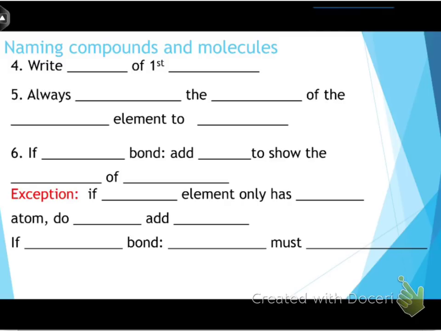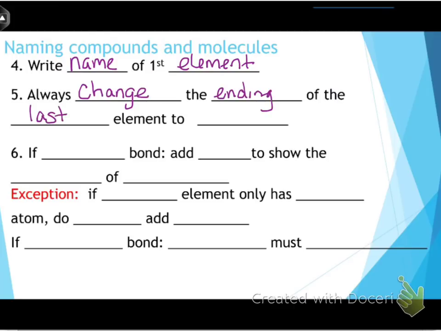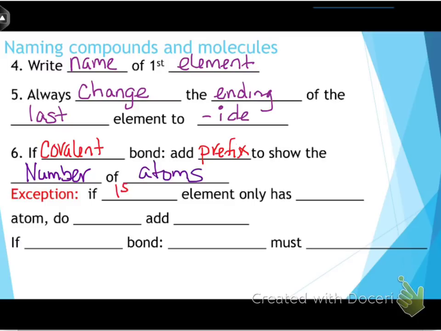So then you have to write the name of the first element. Always change the ending of the last element to IDE. If it's a covalent bond, you add a prefix to show the number of atoms, and we're going to do examples of prefixes below, but those are for covalent bonds only.